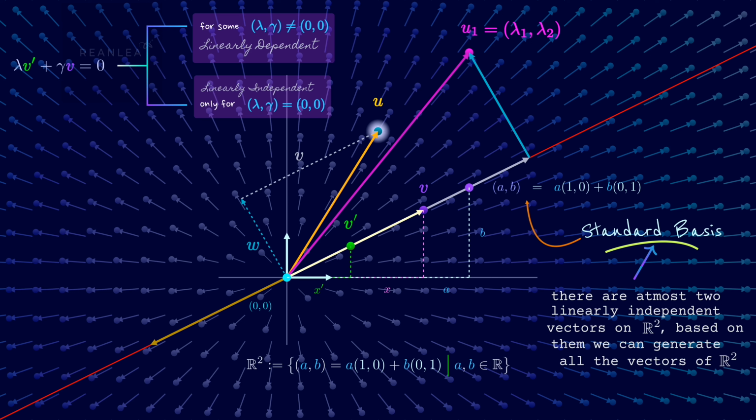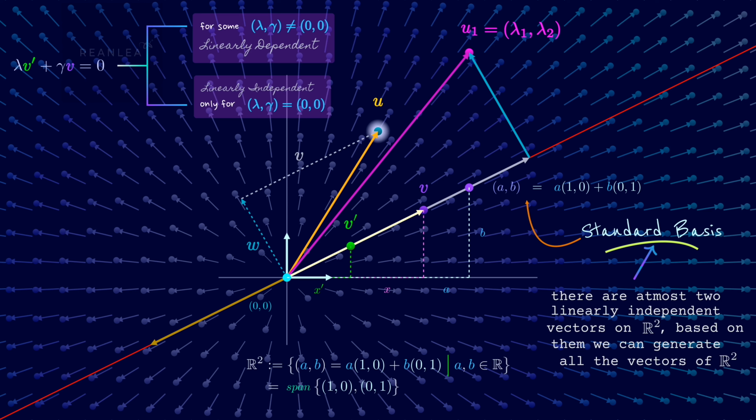And that is basically the space spanned by the vectors 1, 0 and 0, 1. So simply, a point on R2 which is at a distance A from the y-axis along the unit vector on the x-axis and at a distance B from the x-axis along the unit vector on the y-axis is represented by the tuple AB.